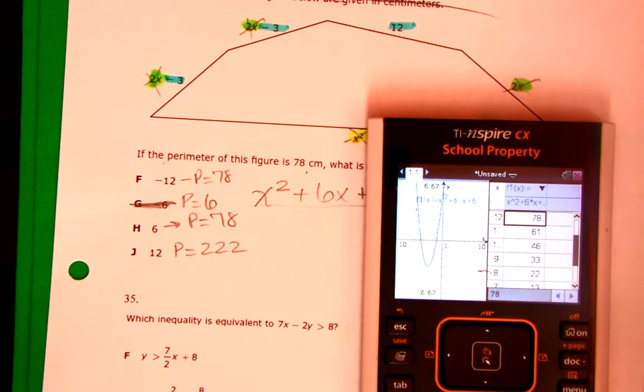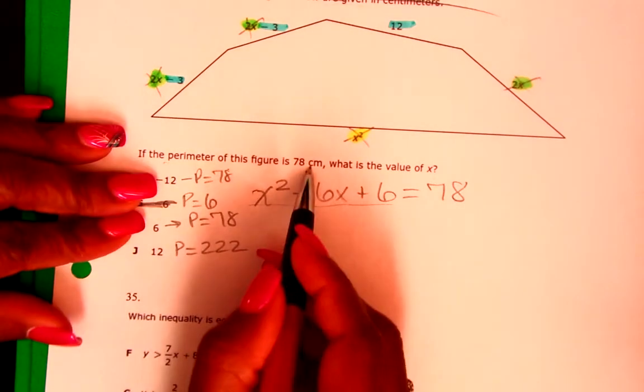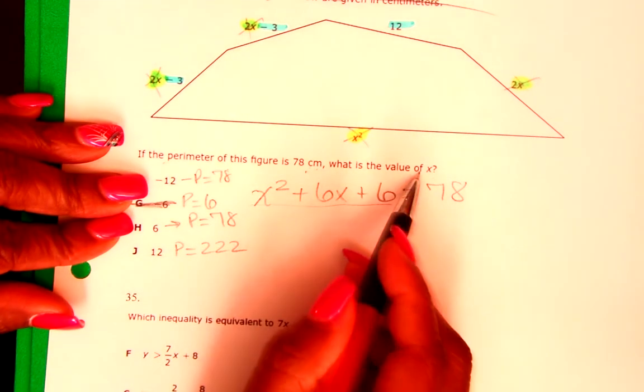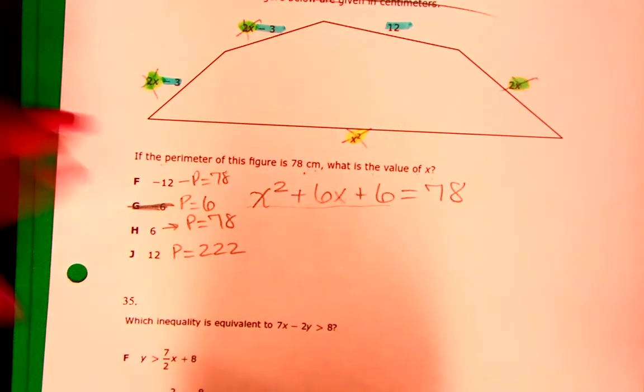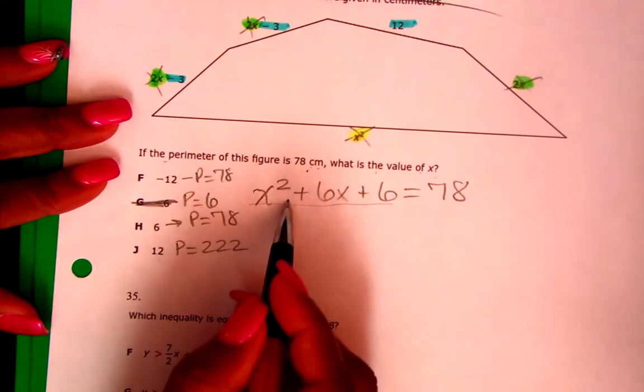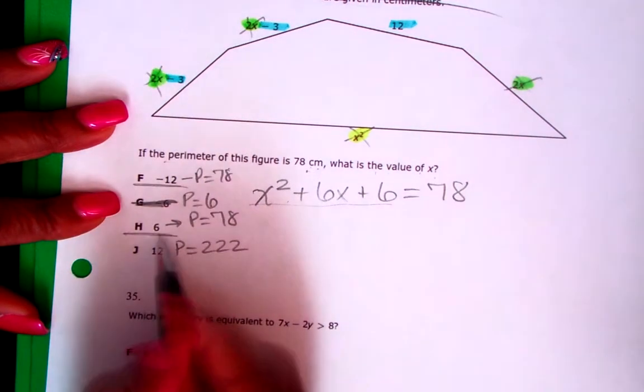So now you're probably saying, if the perimeter of this figure is 78 centimeters, what is the value of x? And we got two values. We said that the value of x could be -12 or it could be 6.